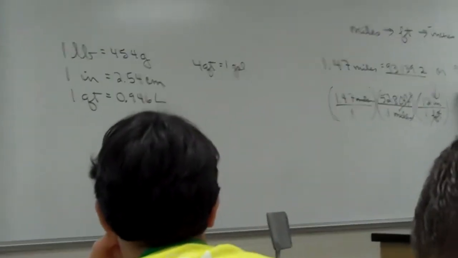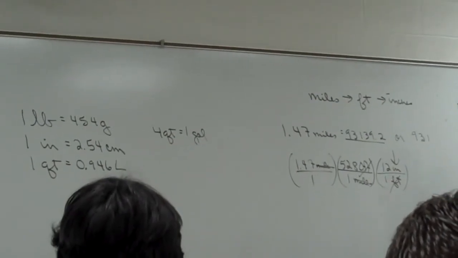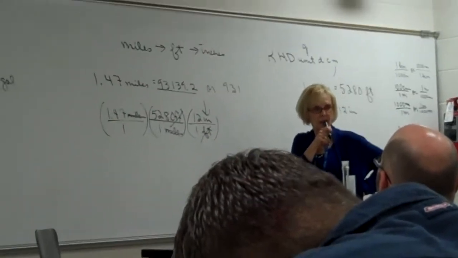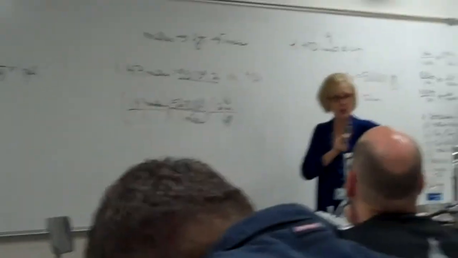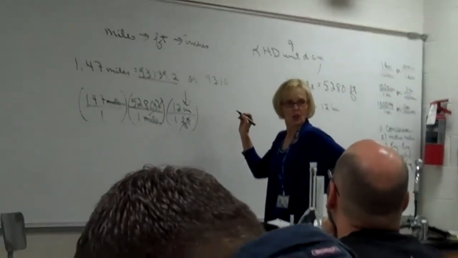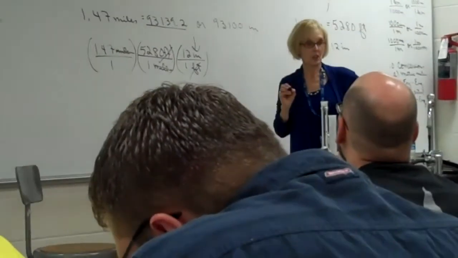I don't want to change the size of this thing. So what else do you need to do, Steve? Antonio, help him out. I'll add zeros. How many do you want? 2, and this is going to be inches.